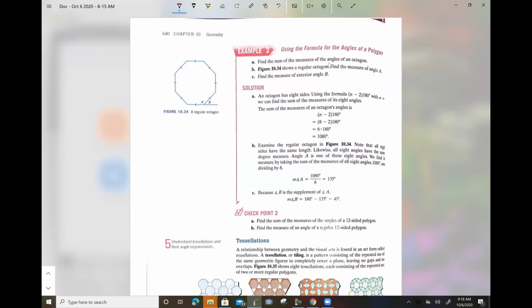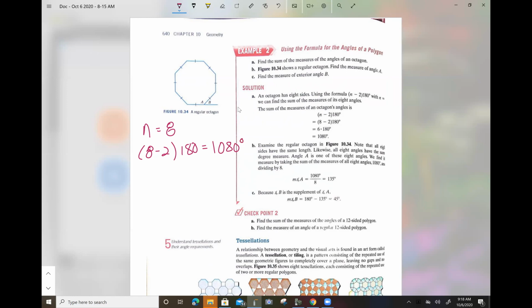Using the formula for the angles of a polygon, find the sum and the measure of each angle of an octagon. So for an octagon, our number of sides is going to be 8. If we put that into our formula, we have 8 minus 2 times 180 equals 1080 degrees. Okay.